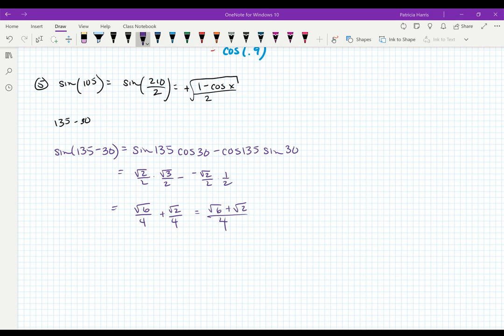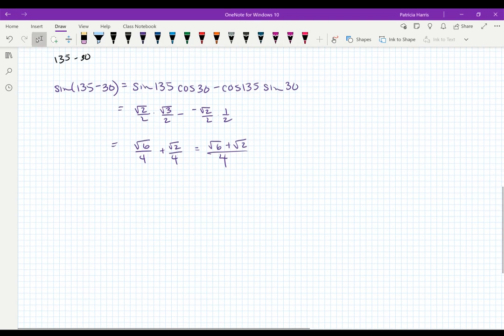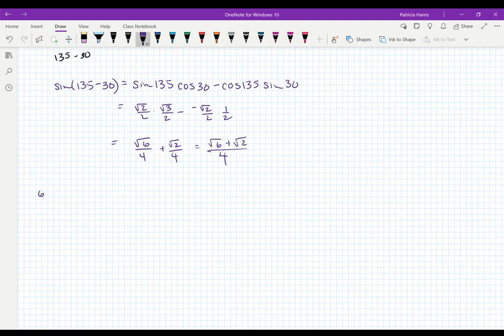Okay, our last problem, number 6, is an equation which utilizes both the sum and difference formulas for cosine. And that is cosine of x plus pi over 4, plus cosine of x minus pi over 4, is equal to 1.